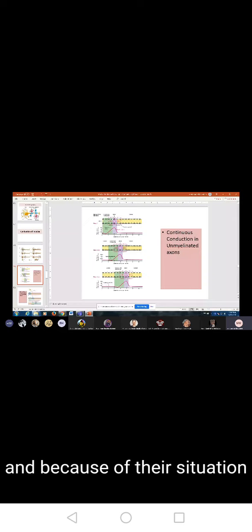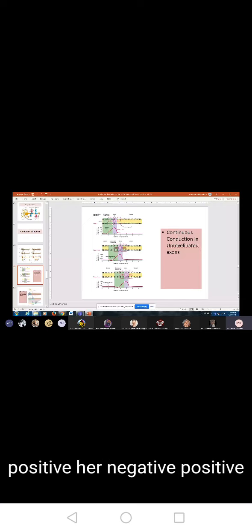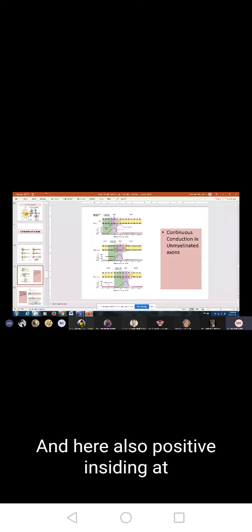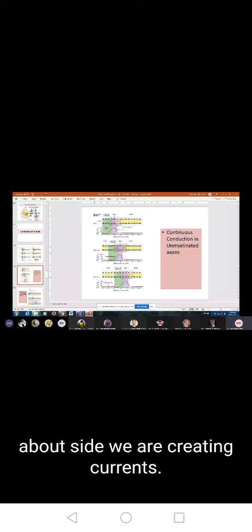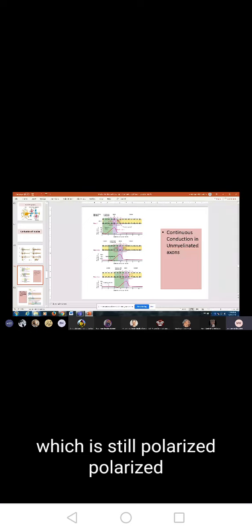Because of that situation, here positive, here negative, positive inside, negative outside, and here also positive inside, negative outside, we are creating currents between the regions where we have action potentials already developed inside and the region which is still polarized.